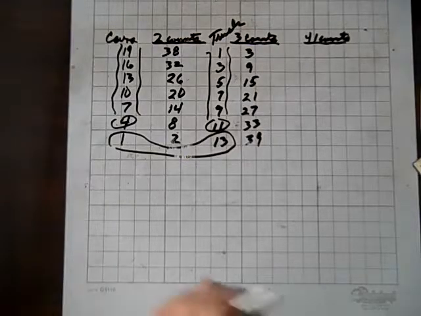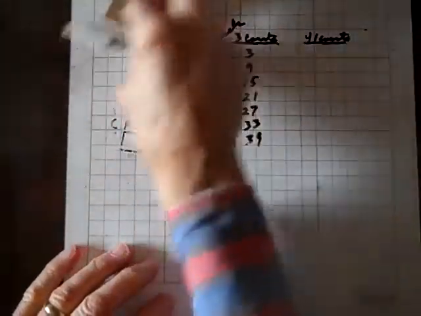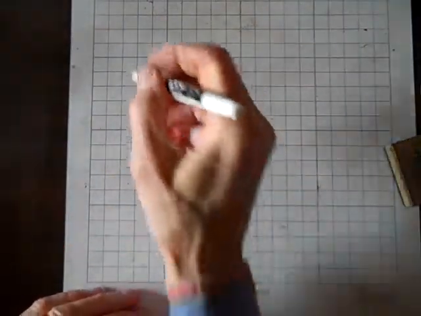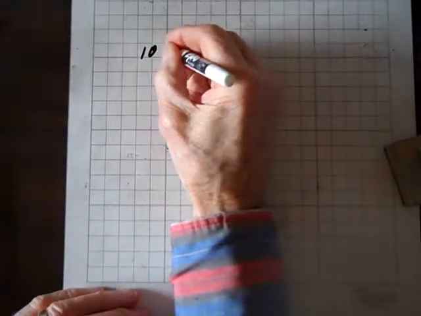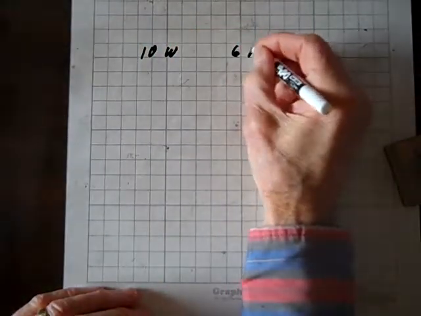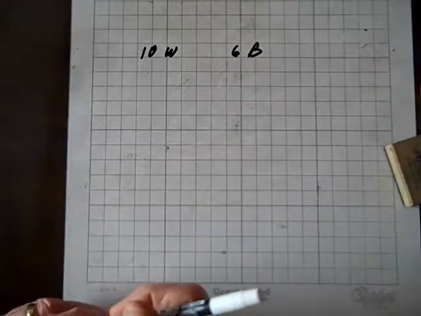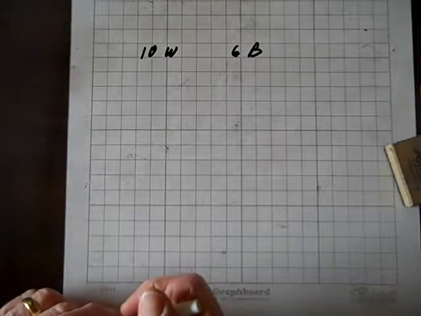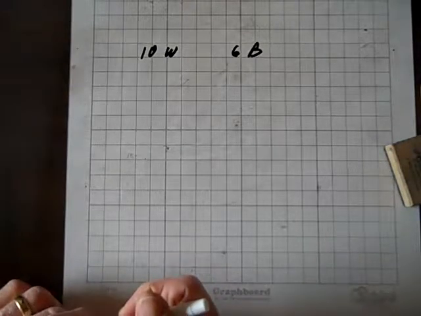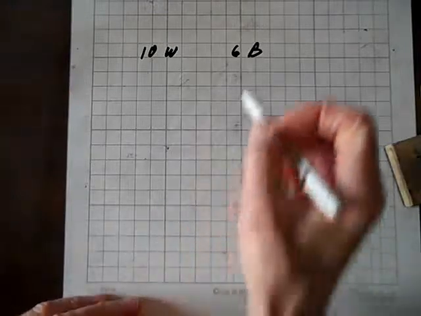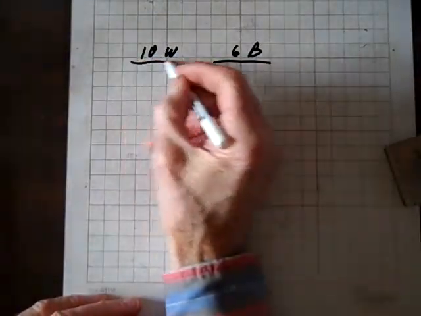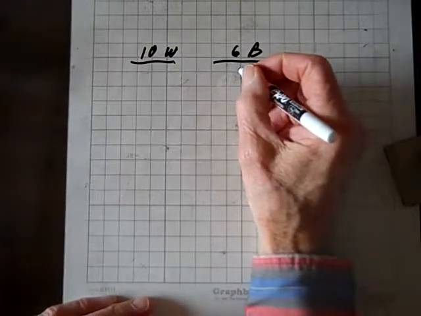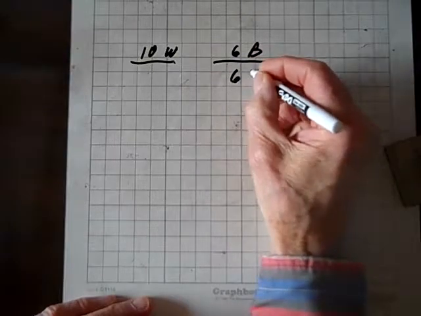Now, number 3. Suppose you have 10 white socks and 6 black socks in a clothes dryer. How many socks must you withdraw from the dryer without looking to be certain of having a pair of white socks? Well, what if the first 6 socks we pick out are black?